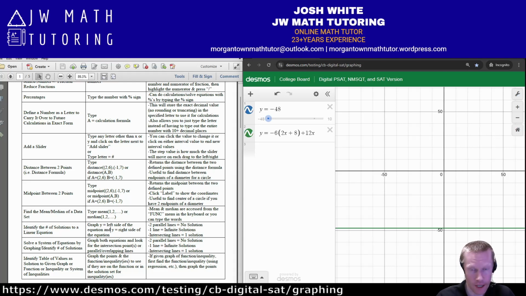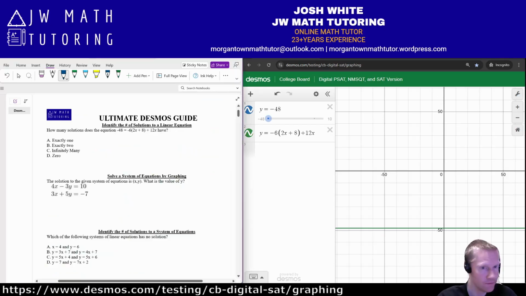Okay, so again, the way we're identifying the number of solutions to a linear equation is if we see one line overlapping itself, that would be infinite solutions. So the correct answer to this problem is just going to be letter C, infinitely many.